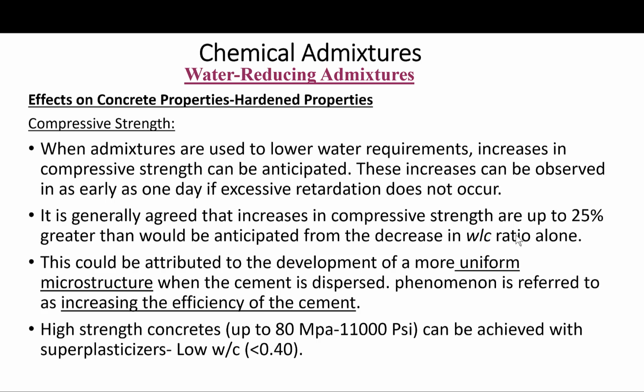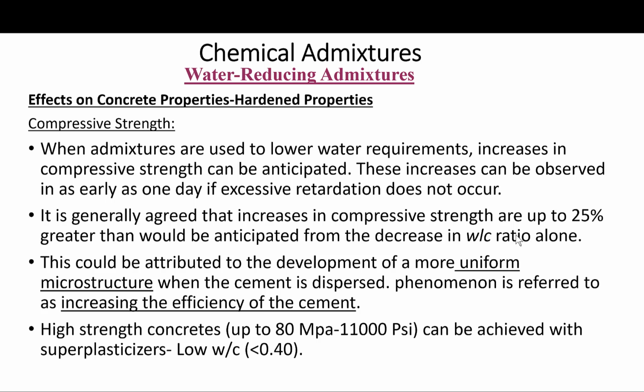By using these additives and admixtures, they can do wonders for us, trust me. It should be emphasized that this is the result of both a greater cement efficiency and a greatly reduced void content. The rate of hydration need not be increased, but, as I said, we are reducing the void content.